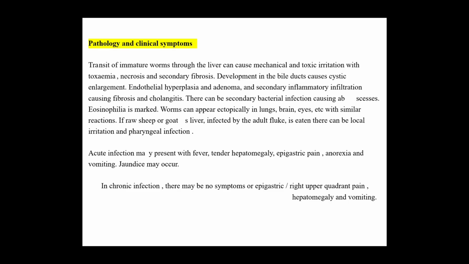Now about its pathology and clinical symptoms. In this slide, the transit of immature worms through the liver can cause mechanical and toxic irritation with toxemia, necrosis, and secondary fibrosis. Development in the bile duct can cause cystic enlargement, epithelial hyperplasia, and adenoma. Also, secondary inflammatory infiltration causes fibrosis and cholangitis.